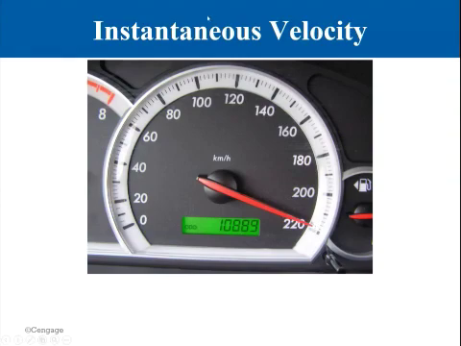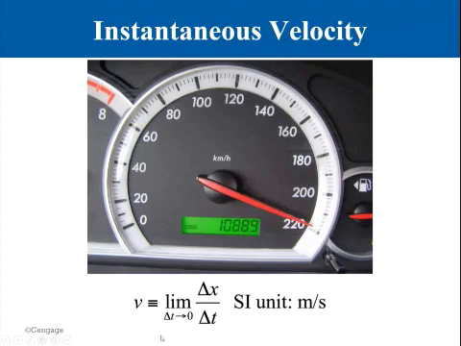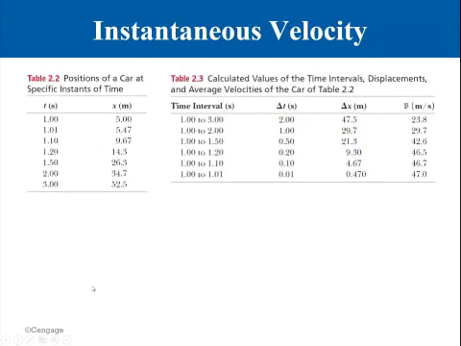Because of that, we call it instantaneous velocity. So to calculate the instantaneous velocity, you need delta t to go to 0, the limit as delta t goes to 0. Okay? When the change in time is very small, very minute, then the average velocity becomes instantaneous velocity.